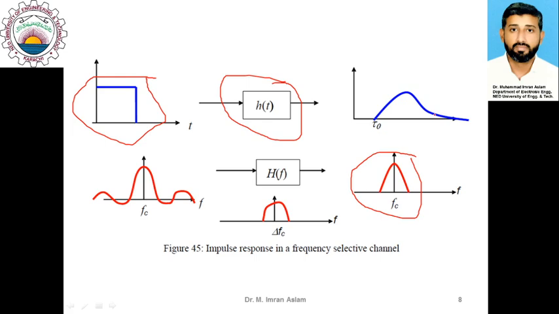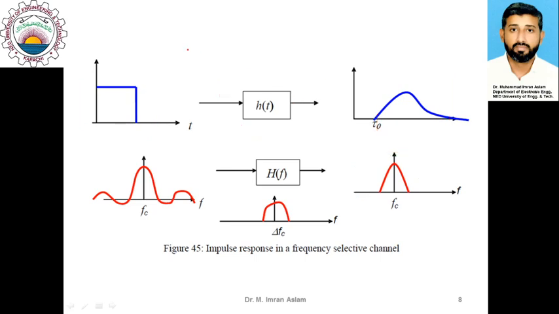As we discussed, the delay spread is large, so you would also see a spreading of the signal in the time domain. So it's a distorted and spread version in the time domain that you would see when the signal passes through a frequency selective channel.